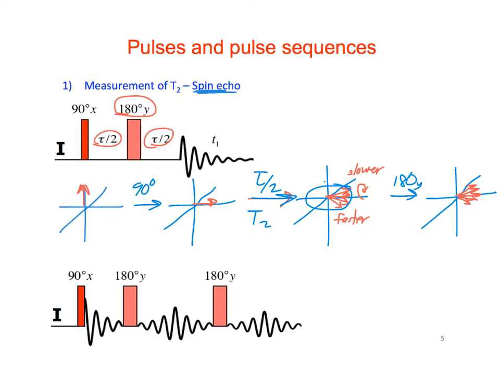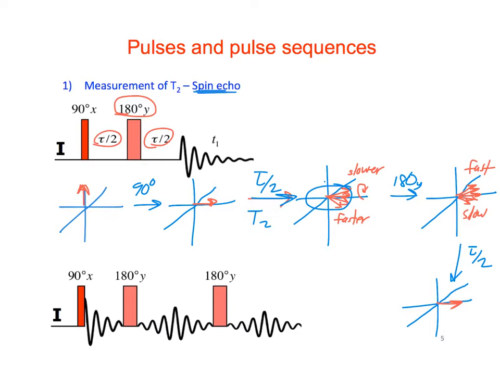But now we flipped it so the faster ones are behind and the slow ones are ahead. So then if we wait tau over 2 again, the fast ones will catch up with the slow ones. And they refocus like this.